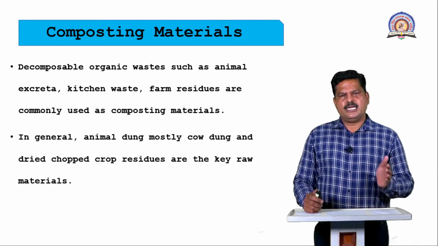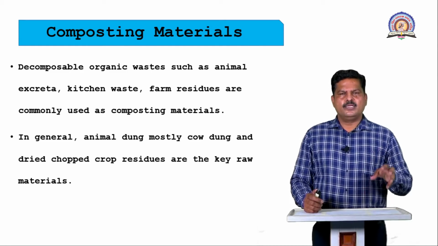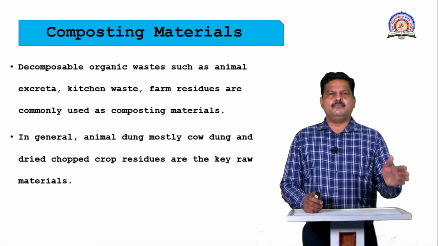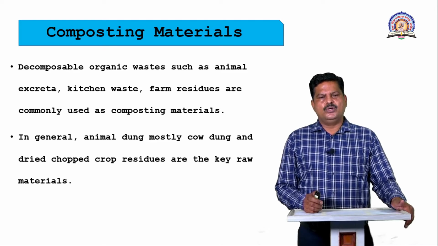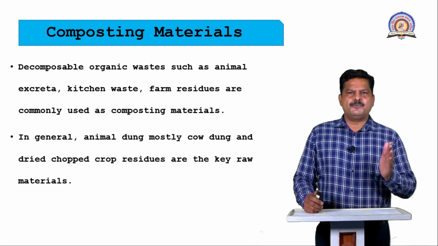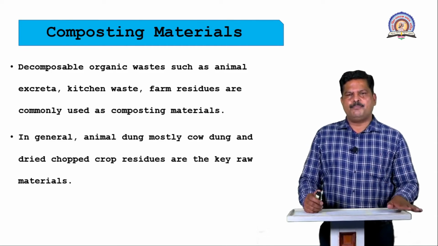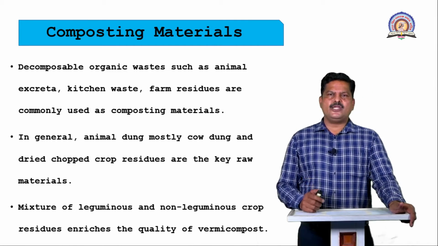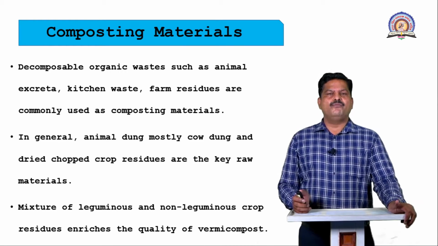When we add or sprinkle this cow dung slurry on the composting material, that material becomes easily degraded or decomposes very rapidly. So chopping the waste material and sprinkling cow dung slurry on it helps it decompose very rapidly. Then a mixture of leguminous and non-leguminous crop residue enriches the quality of vermicompost.